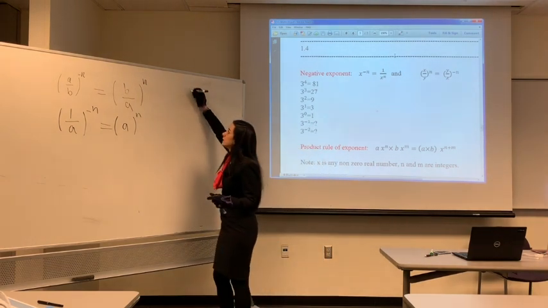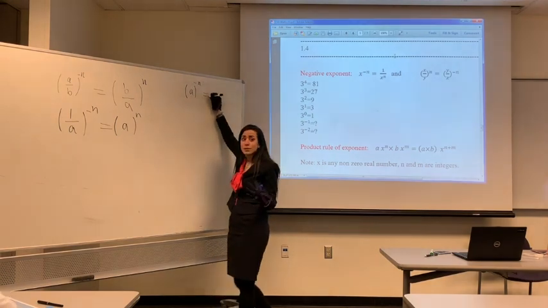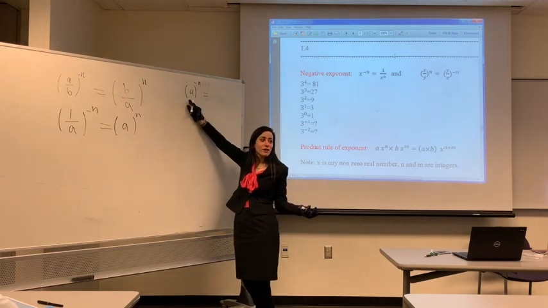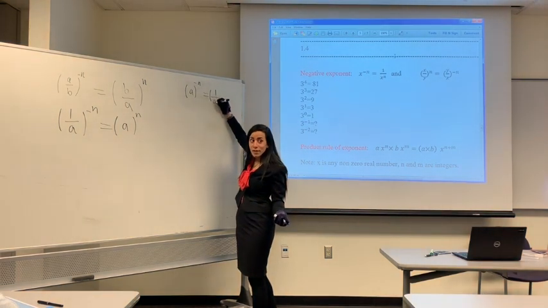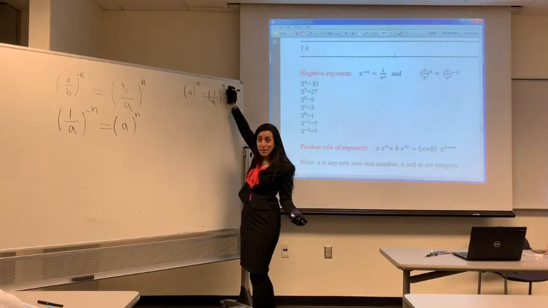And let's say I have A power -n. It's not difficult, just follow the rule. The reciprocal of A is 1 over A, and then the power becomes n.